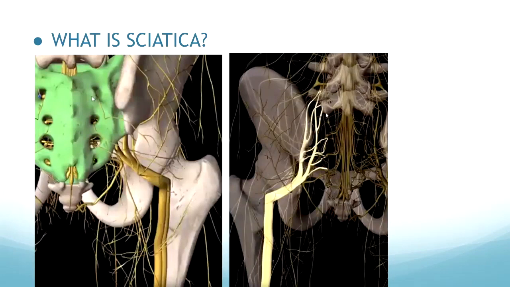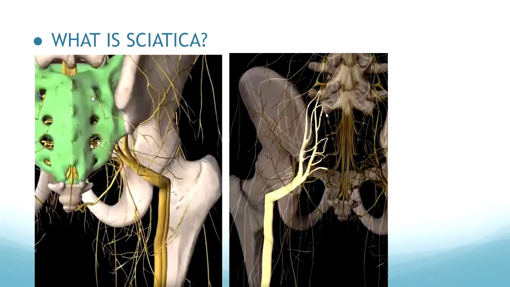The sciatic nerve, as you can see here on the picture on the far left, the green area is your sacrum, and you can see how the sciatic nerve actually runs right down through that area. Now, on the picture on the right, I have removed the sacrum, and you can see how there are smaller nerves that come off from the bones above it, and those are your lumbar vertebrae, actually right around L3, L4, and L5.